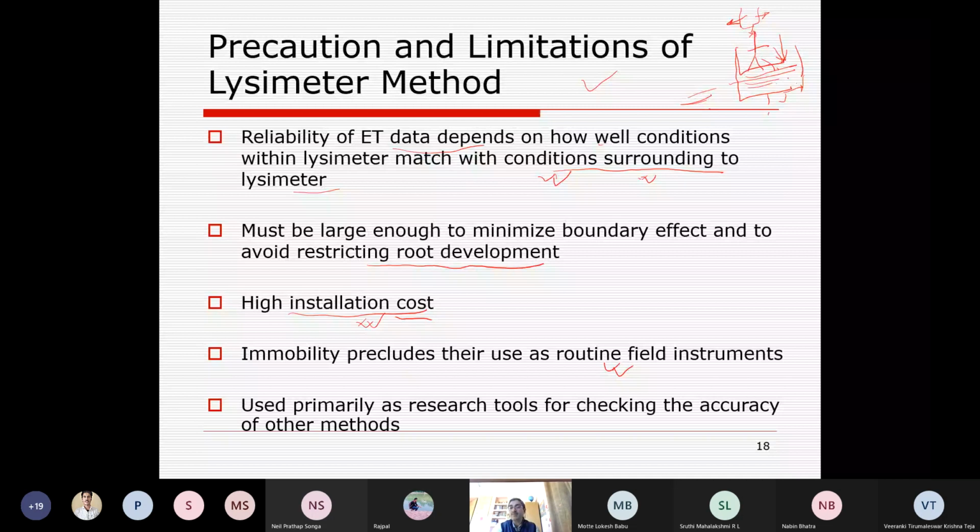What is the primary method of measuring soil moisture? Anybody? Soil moisture measurement from where? Anybody? I need to check in between. You are also not here.